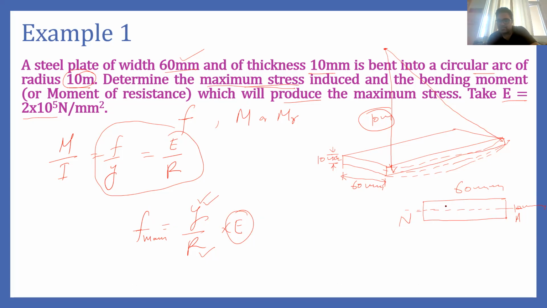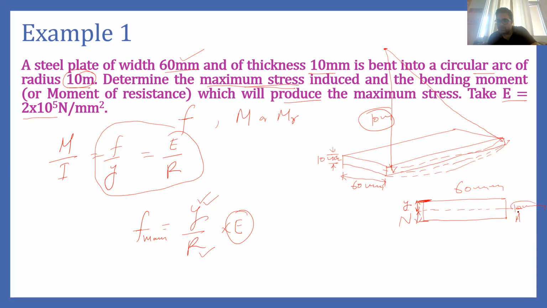So maximum stress in this cross section will occur at the extreme fiber, at the top fiber and at the bottom fiber. So the distance from neutral axis to the top fiber, this will be our Y. Whether we measure it from the top fiber or from the bottom fiber, it will be same.